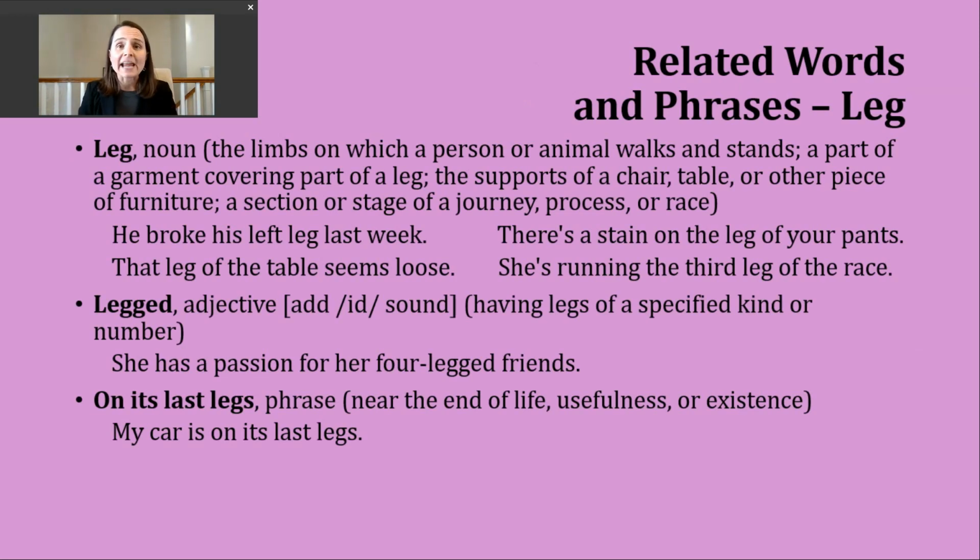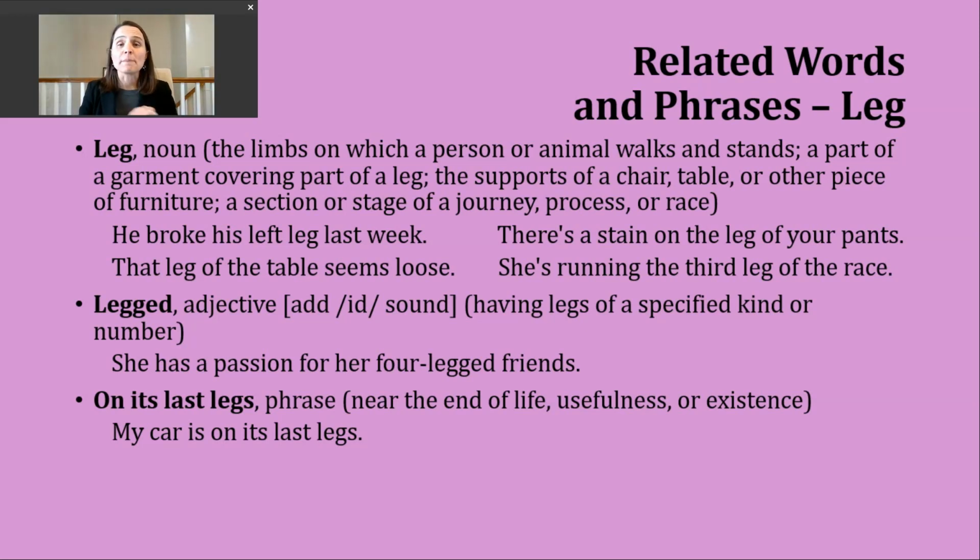So one way to use the noun "leg" is to refer to the limbs on which a person or an animal walks and stands. An example of this might be, "he broke his left leg last week." So we're talking about the limbs or the part of the body on which someone is able to stand and/or walk.